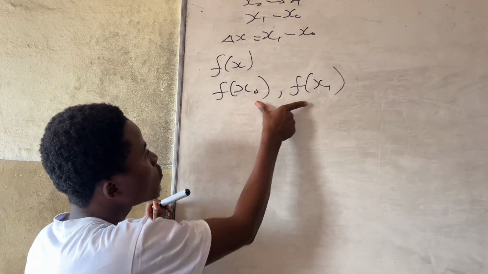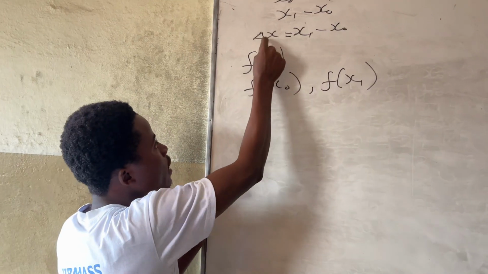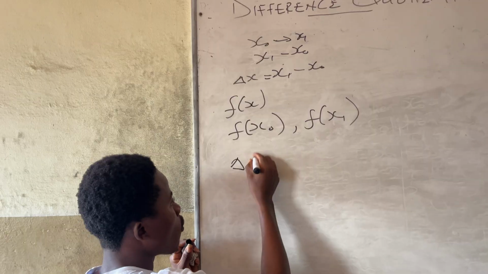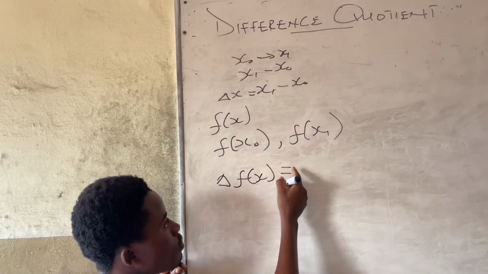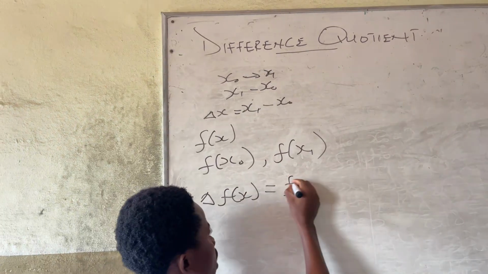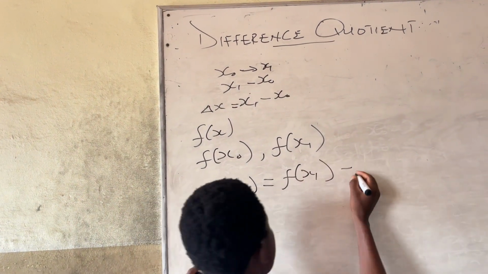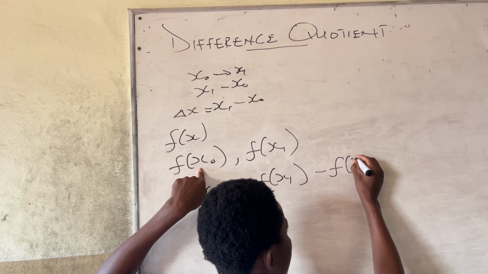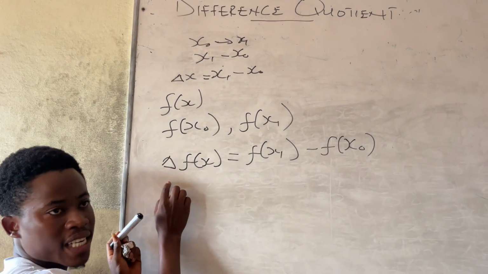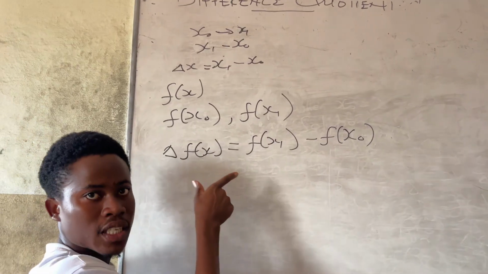So if you want to find the change in f of x, it will give us the f of x at the new point minus the f of x at the old point.